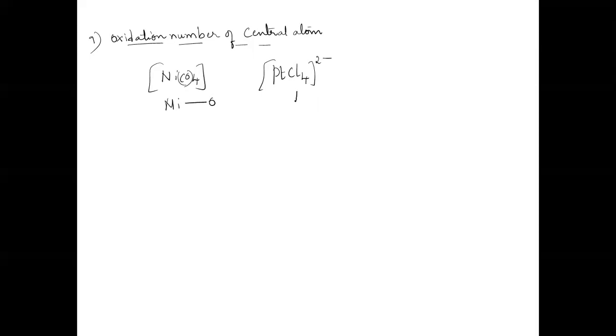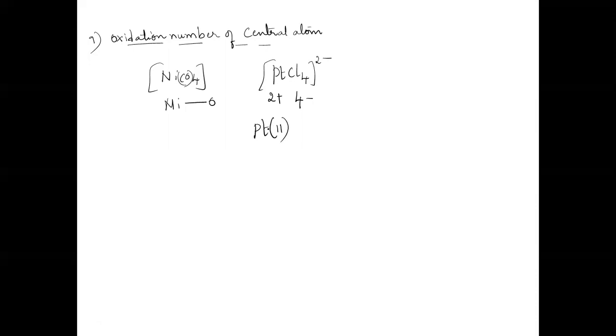It is 2 minus, and the four chlorides give 4 minus. Since the charge on the complex is 2 minus, platinum should be 2 plus. This is how you calculate the charge of the central metal atom. Platinum is 2 here. It should be enclosed in parentheses, and the charge should be written beside the central metal atom.